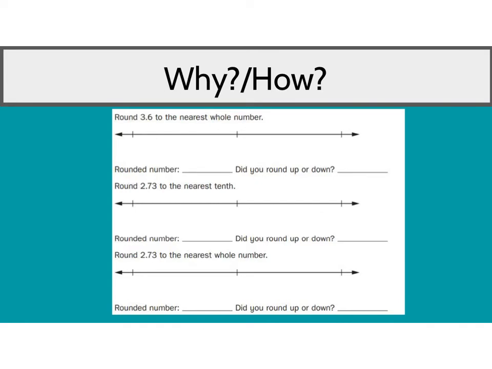That's not the only purpose for rounding decimals, but that's just one example. So it is a real life skill that will come in handy. Don't think it's one of those things that I'm just going to use in 4th grade math and I'm not going to have to worry about it anymore, or I'm just going to use this in 5th grade math.